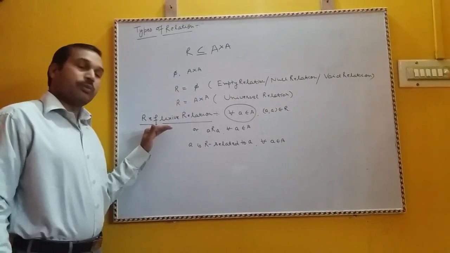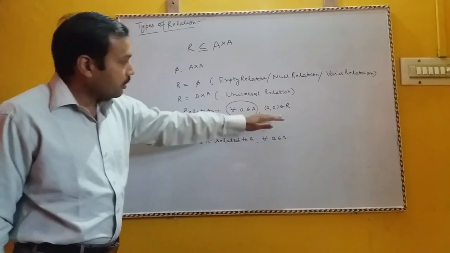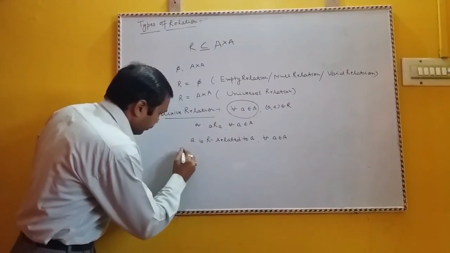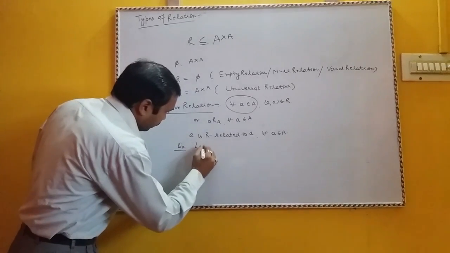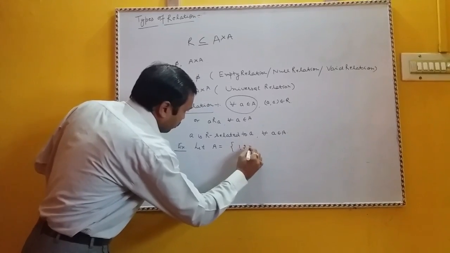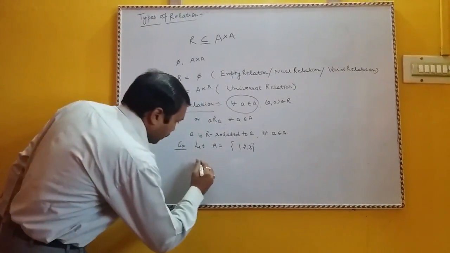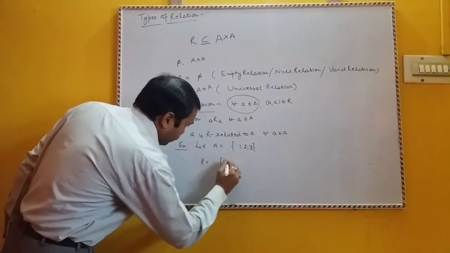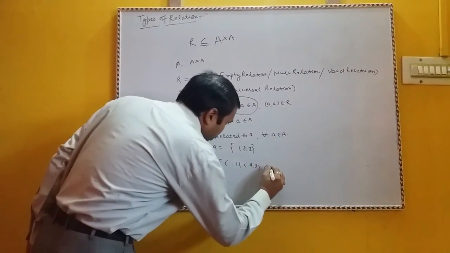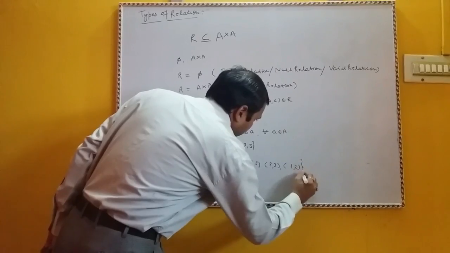यदि रिलेशन रिफ्लेक्सिव है तो एवरी एलिमेंट हैज ए मिरर इमेज. फॉर एग्जांपल, let A equal to 1, 2, 3. Now we can define R equal to 1 1, 2 2, 3 3, 1 2.